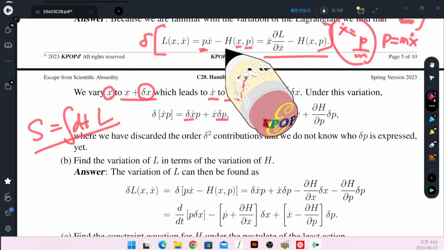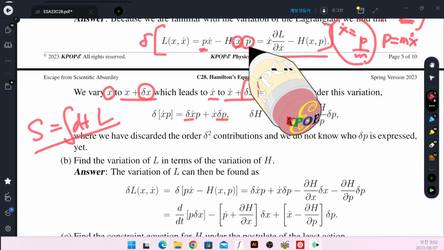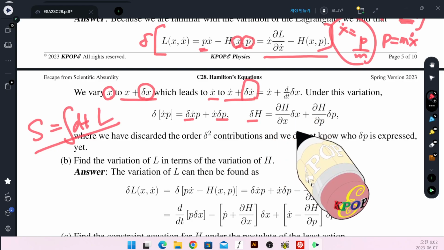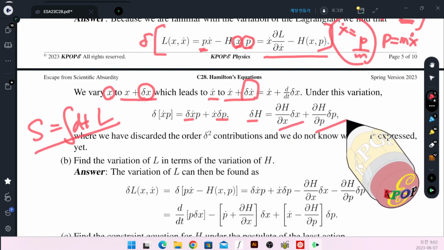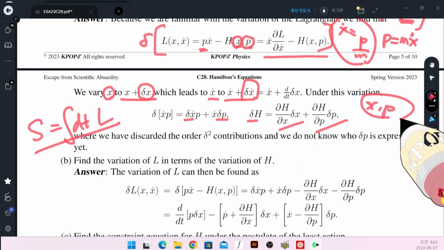In addition, because the Hamiltonian is simply a function of x and p only, the variation of the Hamiltonian can be made by making use of the chain rule.